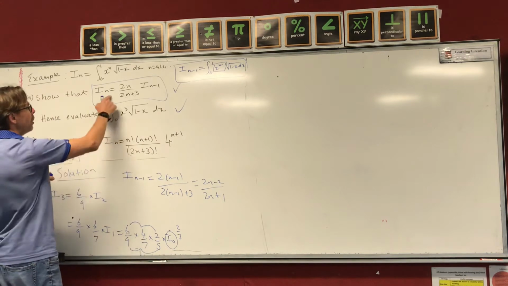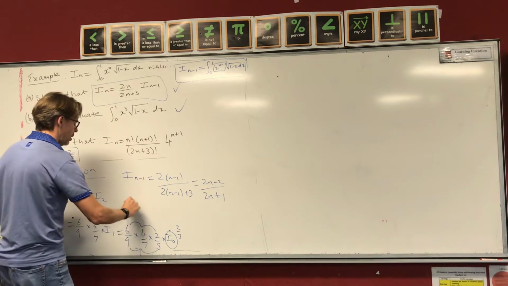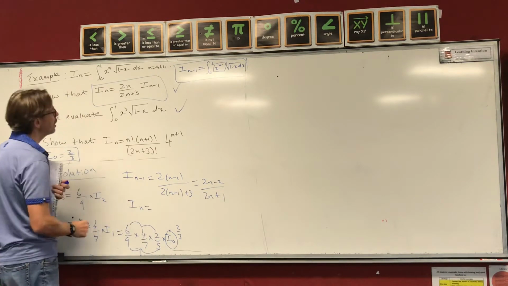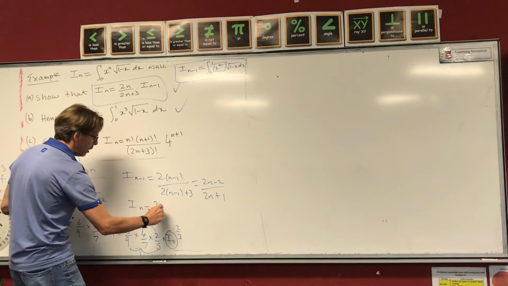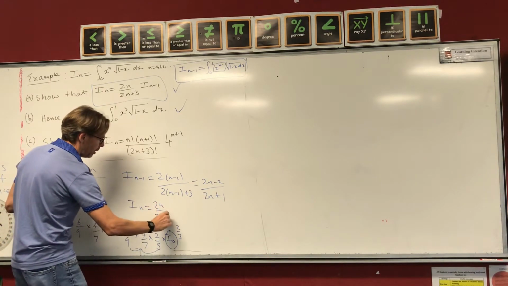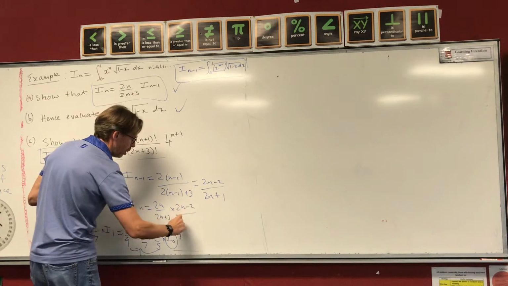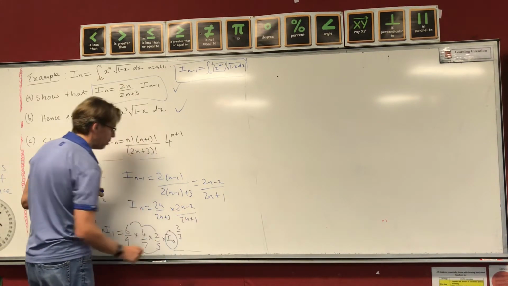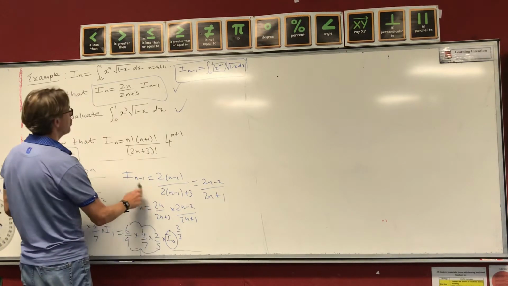Okay? So if I wrote this down here, I'd have 2n over 2n plus 3 times 2n minus 2 over 2n plus 1. What did I forget on the end of this? I n minus 1.